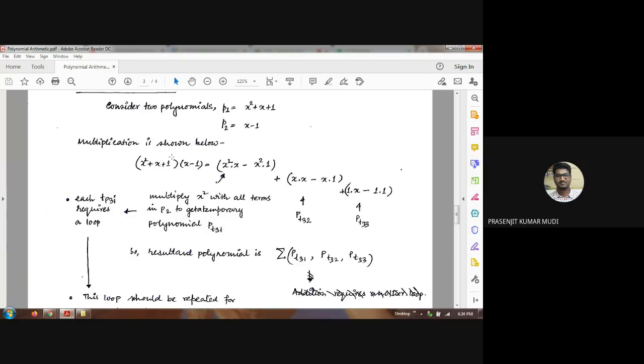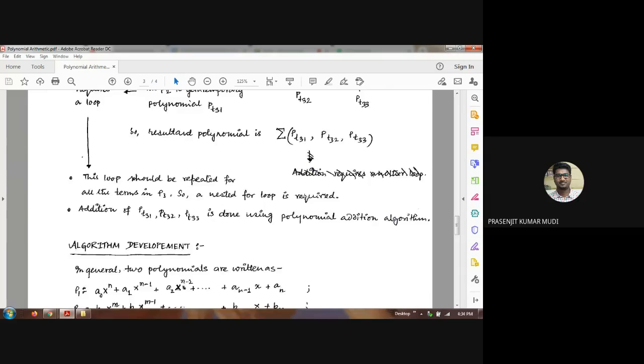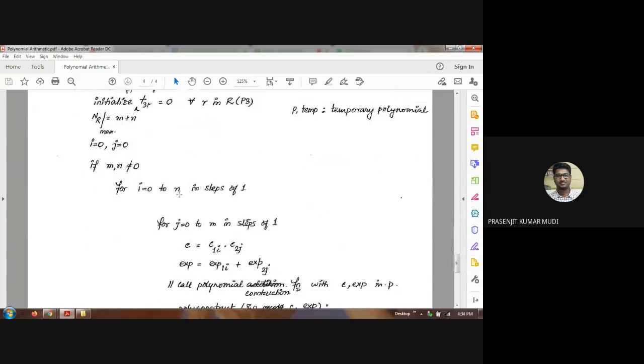How many terms in the first poly? 3. So how many temporary polynomials? 3. I is the index of the first polynomial. How many terms in the first polynomial? N plus 1. So right, this for loop should be executed n plus 1 times. So starting with 0, we have to end with n, 0 to n, n plus 1. And this is the outer for loop, which is controlling the number of temporary polynomials as we discussed earlier.